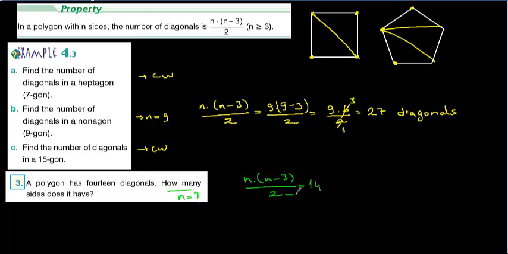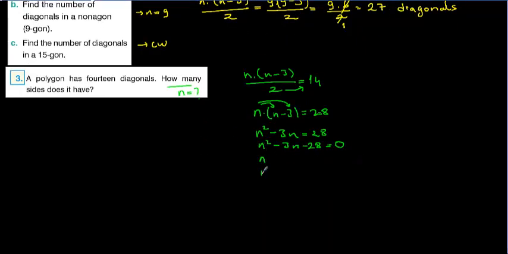When you multiply, because there is a division here, you should send this 2 to the other side to find n. n times n minus 3 is equal to 28. If you multiply these, it's n squared minus 3n equal to 28, and finally n squared minus 3n minus 28 equals 0. This is a quadratic equation, and we can factorize it here, because this is a geometry question and we are looking for the sides.